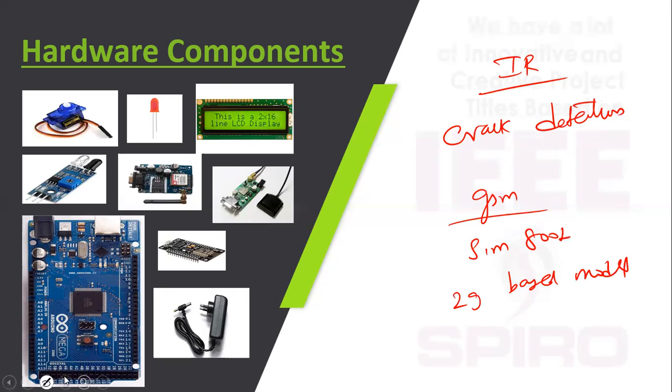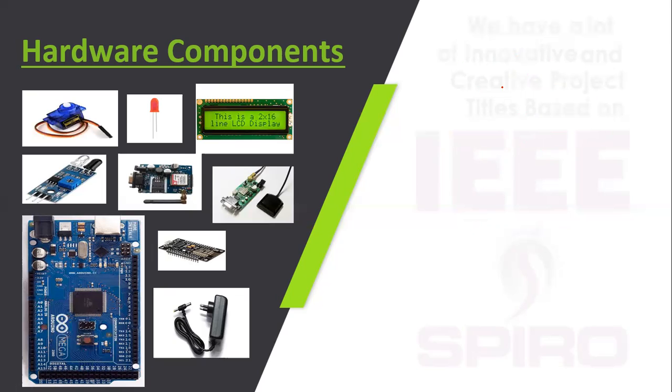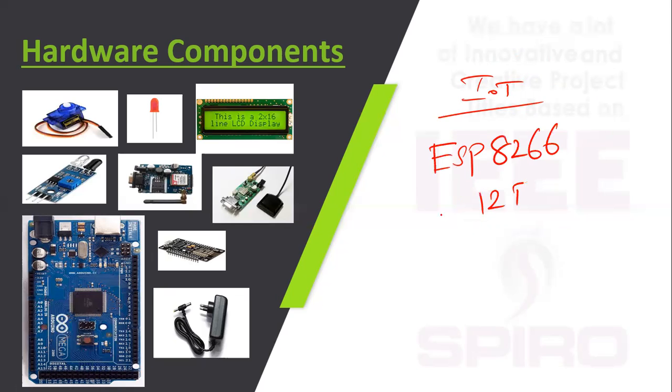And then we are using an IoT module, the ESP8266 version 12E. The supporting voltage is plus 5 volt DC. It uses the UART protocol to interface with the controller.